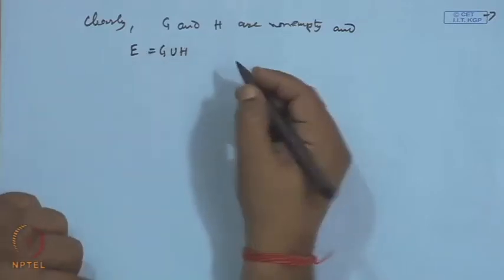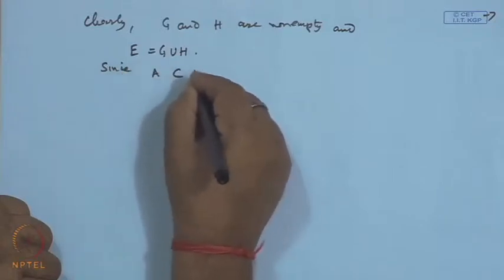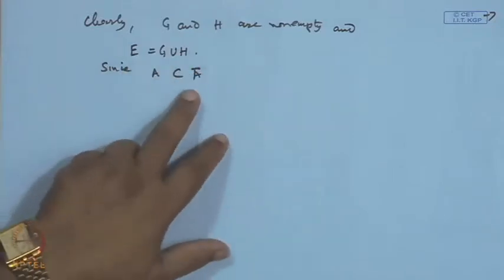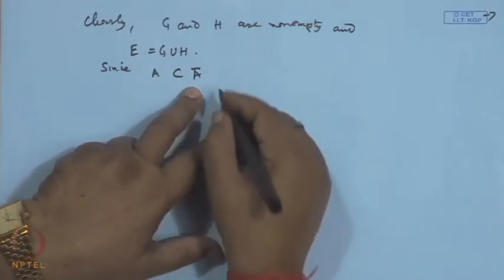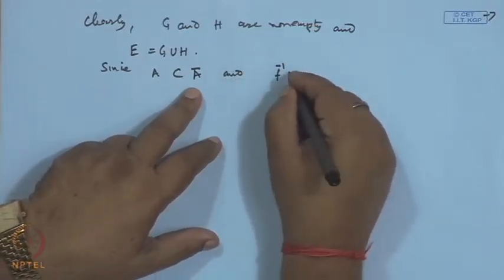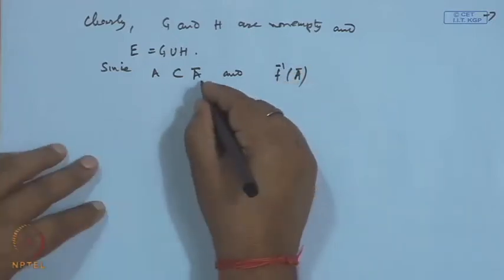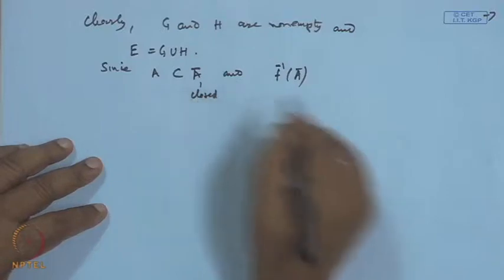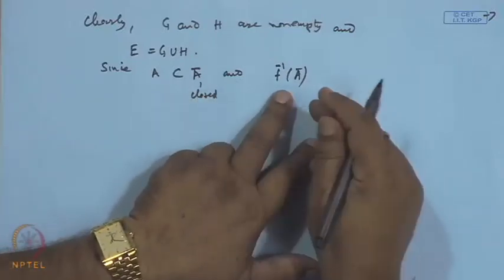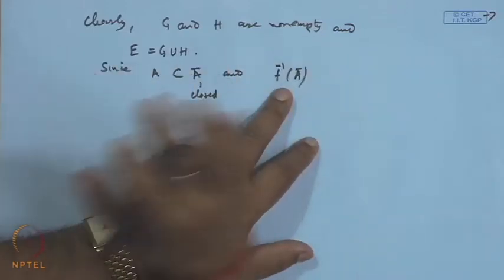Now, since our A is always contained in its closure, and f inverse image of this A closure, which is a closed set. The inverse image of an open set is open, and it can be extended to closed sets: the inverse image of a closed set is closed if f is continuous.